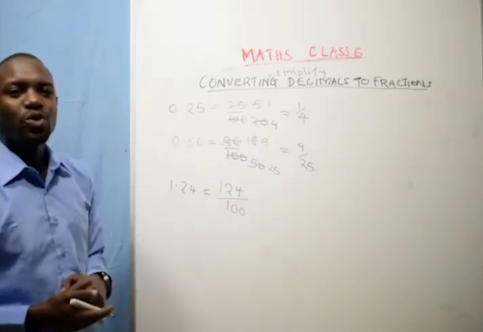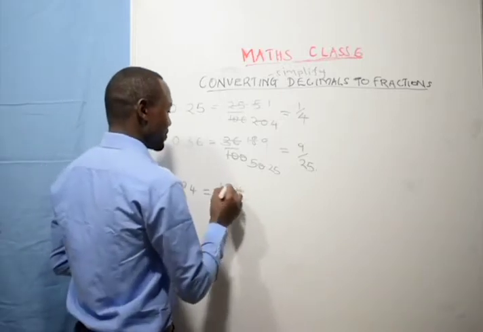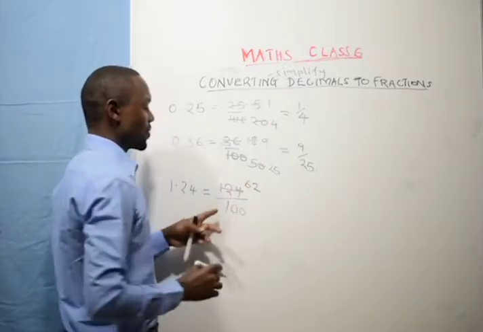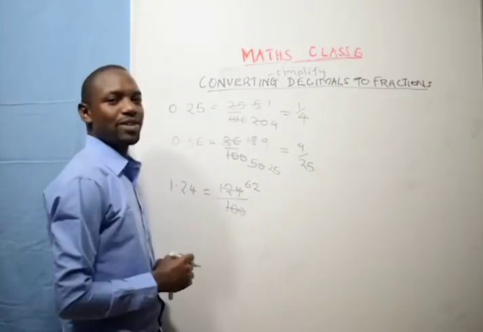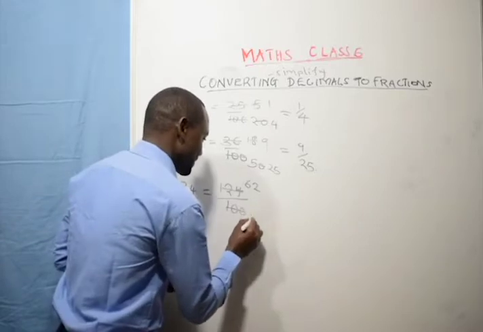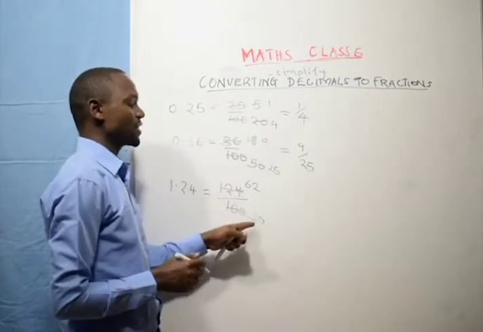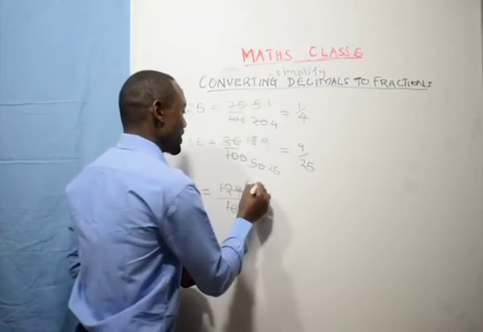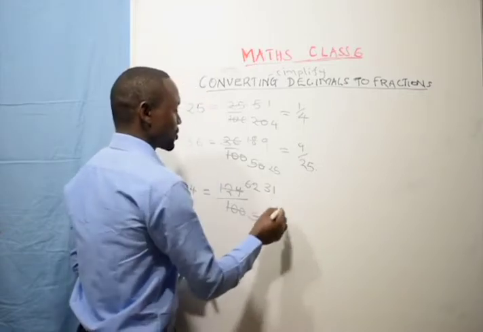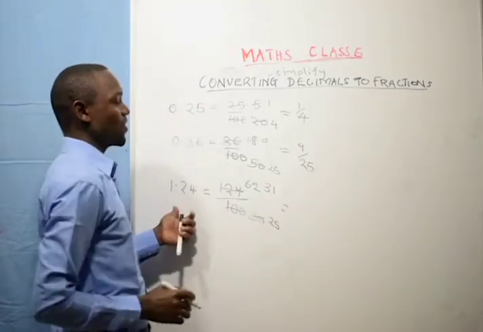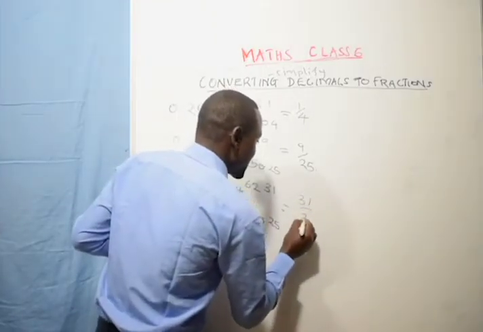From there, what do we do? We simply simplify by 2. 124 divided by 2 is 62. 100 divided by 2 is 50. From there we simplify further, because these numbers are divisible by 2. By 2 we get 31. By 2 we get 25. So 1.24 as a fraction will be 31 over 25.